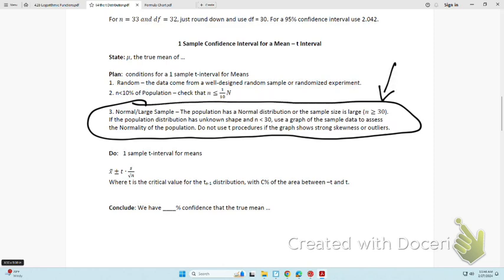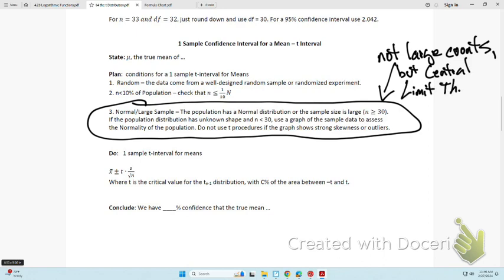Not the large counts, because we're not talking about proportions, but central limit theorem. If n is greater than 30, we're good to go. Now, there are more conditions in there we're going to talk about. Here's our formula that the calculator does right when you press calculate or OK, and you'll conclude like we did before.